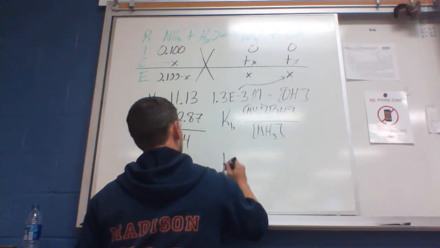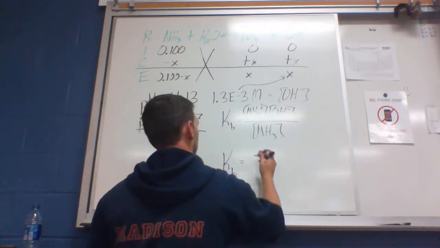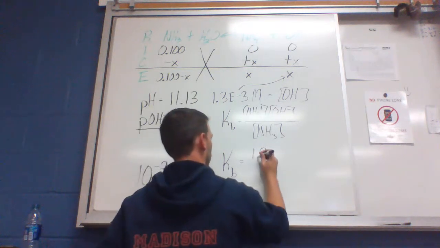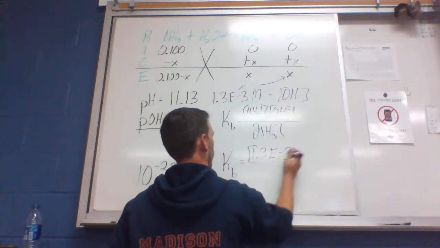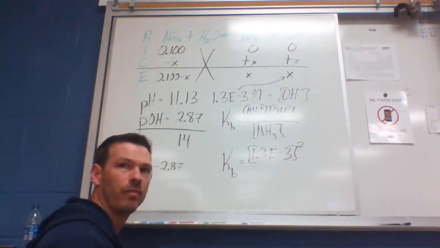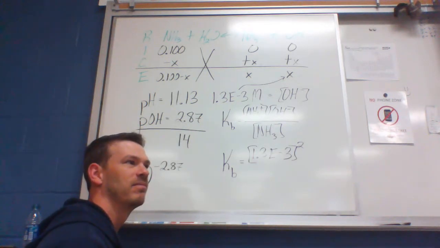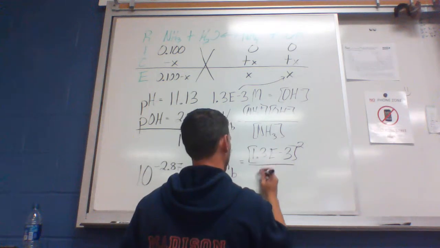If we sub it in, we know that my Kb is going to be 1.3 E negative 3, and ultimately it's squared, multiplying by itself, over 0.1 minus that value.